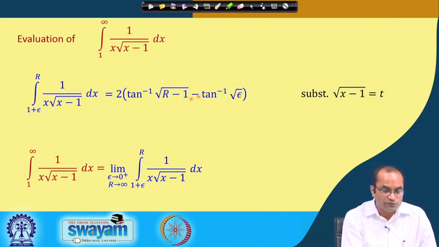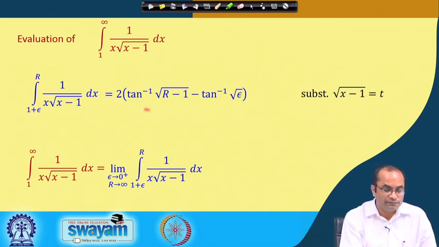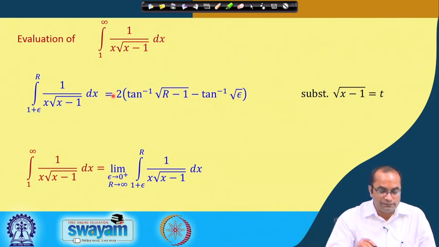When r approaches infinity, tan inverse of infinity becomes pi by 2, and minus tan inverse as epsilon approaches 0, so tan inverse 0 becomes 0. So, because of this pi by 2 and the 2 times, this value will be just pi.